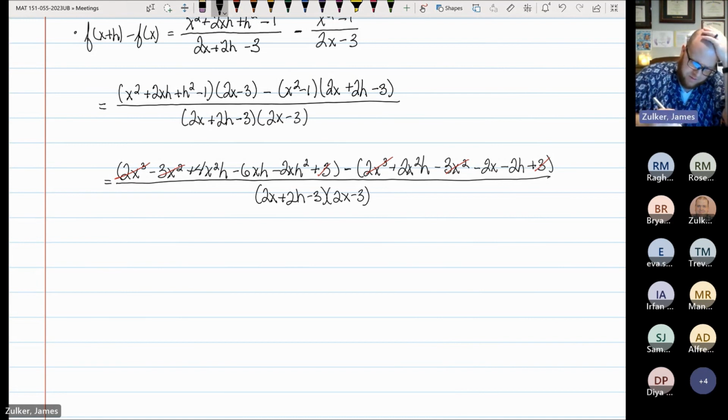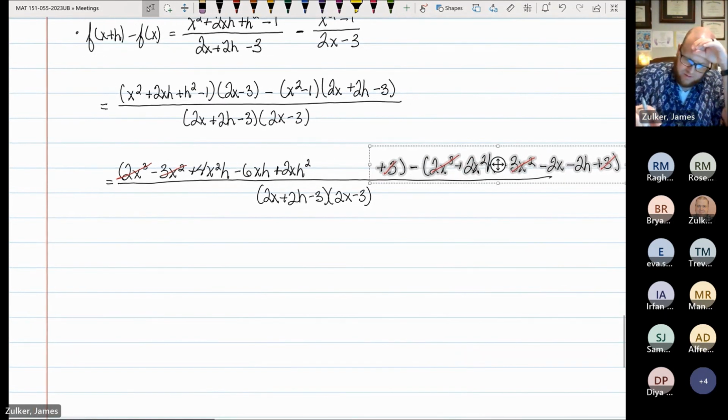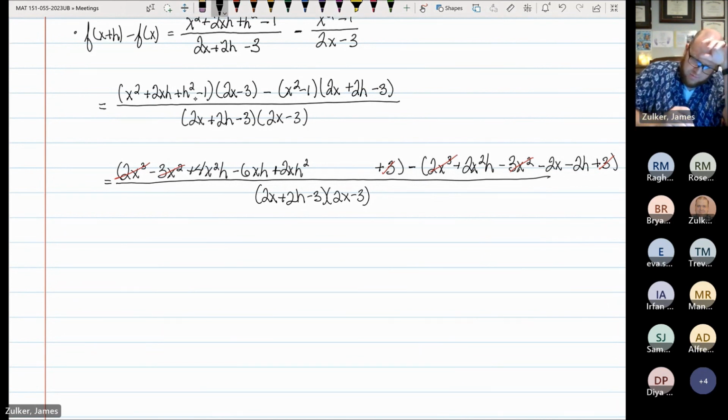No, I was right. That should be plus. I'm missing a few terms. Just move those off to the side for now. Because I'm missing a minus 3h squared and then a minus 2x. That makes more sense now. Those minus 2x's will cancel out.